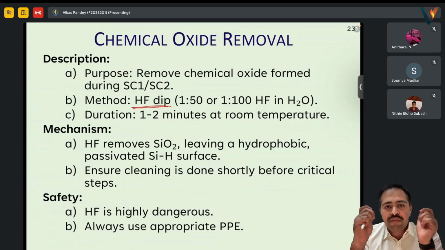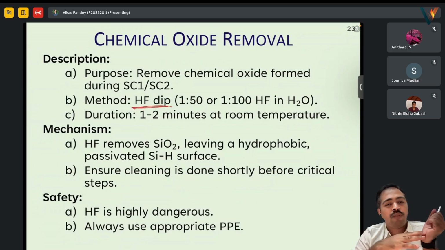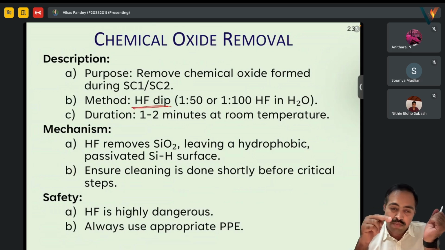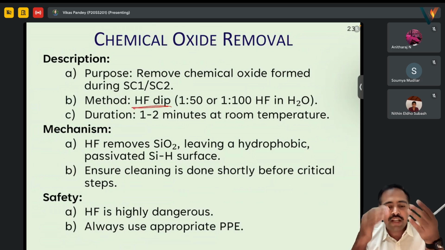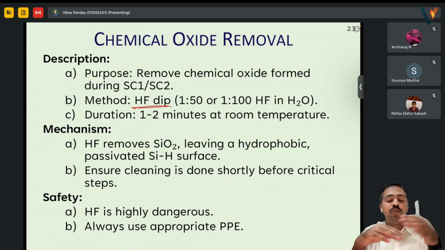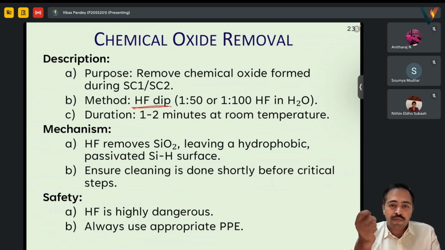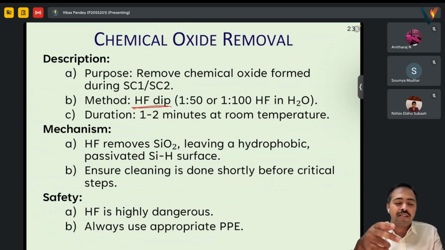When I started working in this field, I used to keep it and was not able to understand how we know that it is getting clean, because that is in nanometers thickness. You will not be able to see it with your naked eyes. So the best test is that oxide is hydrophilic.